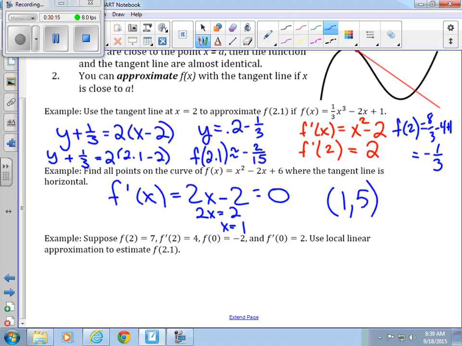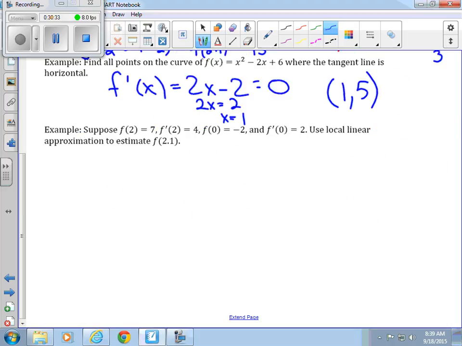So the point is (1, 5). That is quicker than finding the maximum or minimum in your calculator. Once you get good at it, that didn't take long.